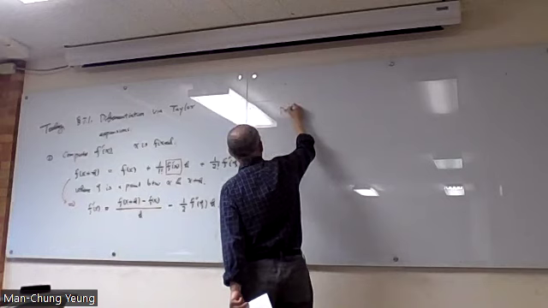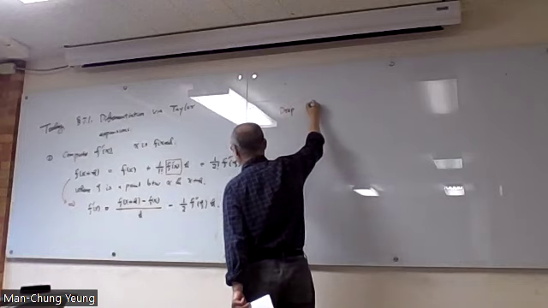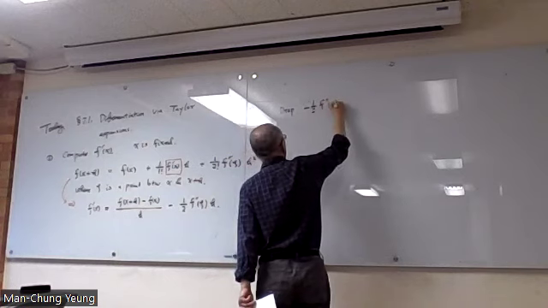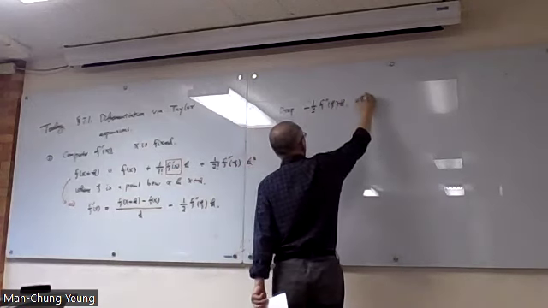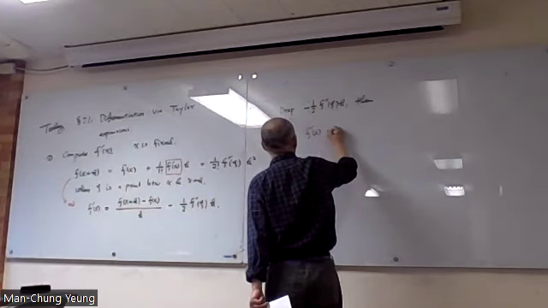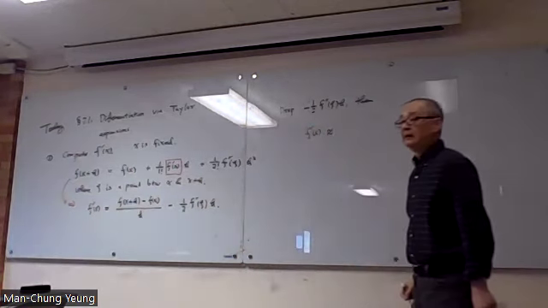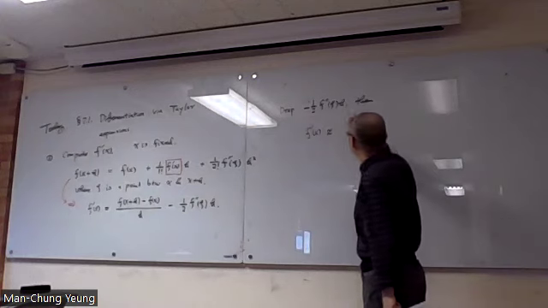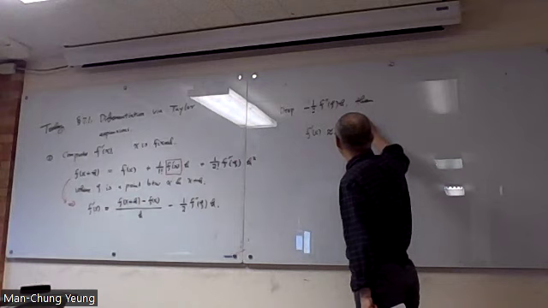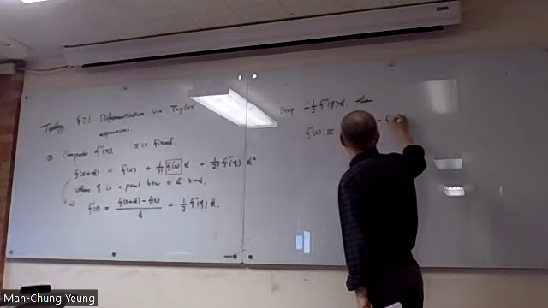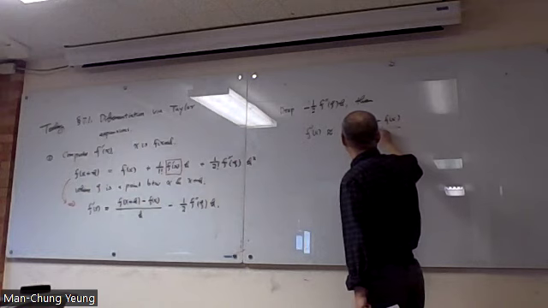Drop the error. Then we have the derivative can be approximated by this quotient over h.